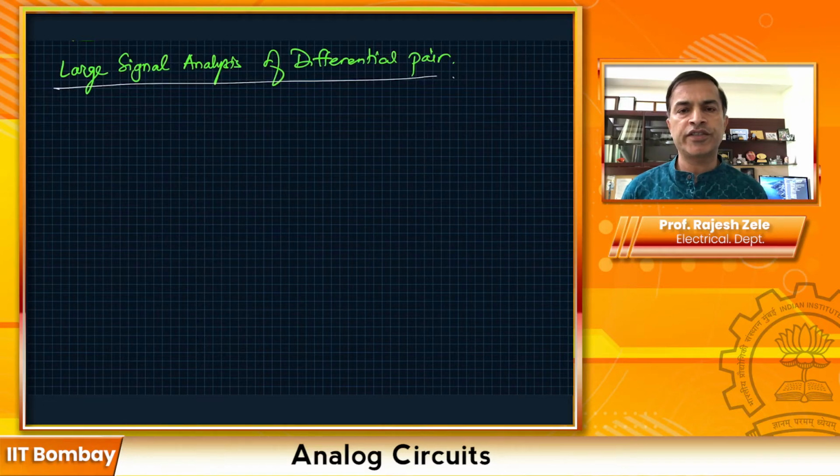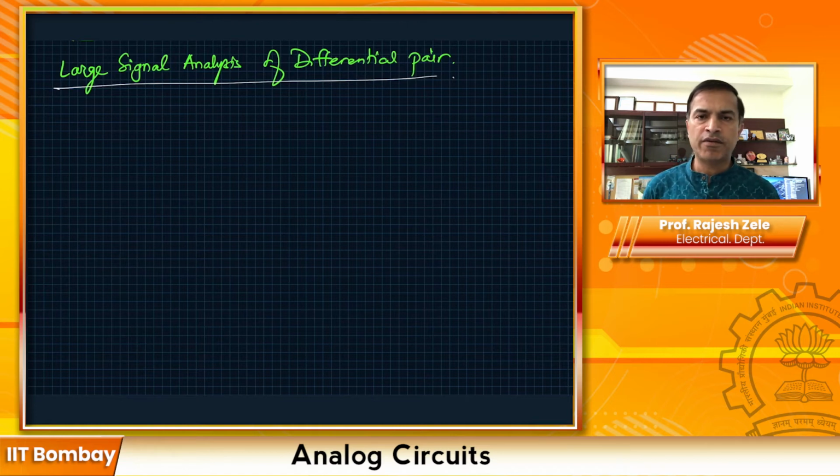So in the previous lecture, we talked about the question about random variation, as well as some of the errors by design that you can encounter in a current mirror, and then we started a new topic, which is differential amplifier.